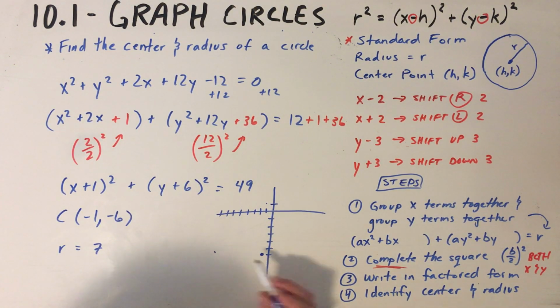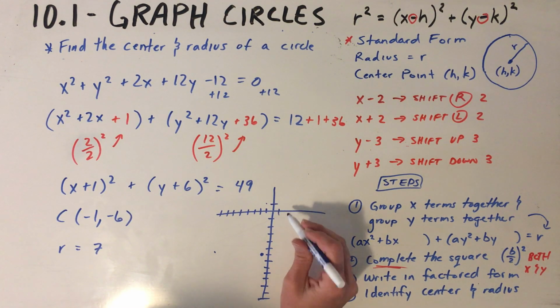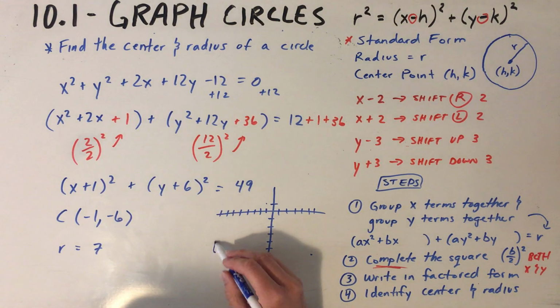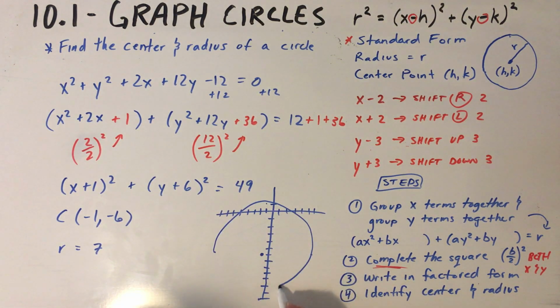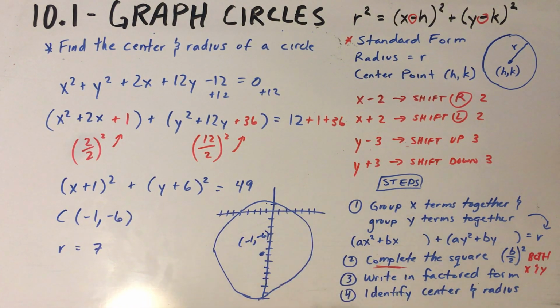So we'll be out here and down here and over here. So our circle again is going to be something like this, with the center point of -1, -6.